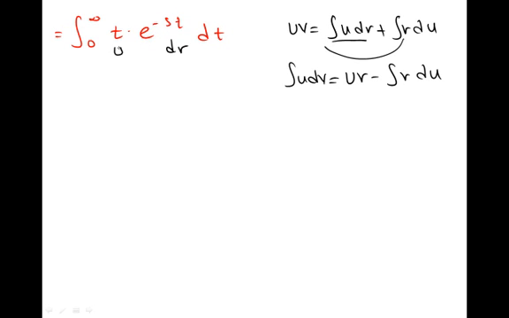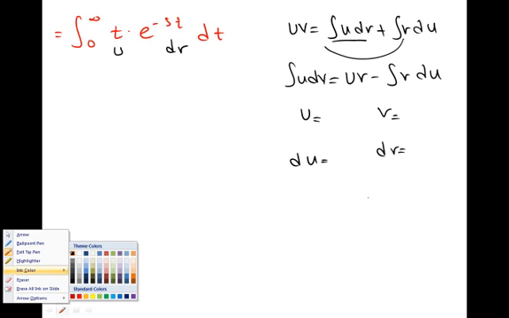So here I know u and I know dv, but I still need to know what v is and what du is. This is v, but I'm writing it this way so that you understand that it's a v, not a u.